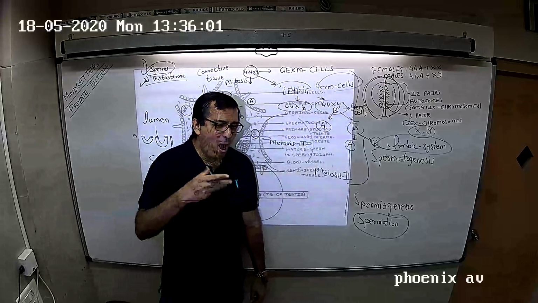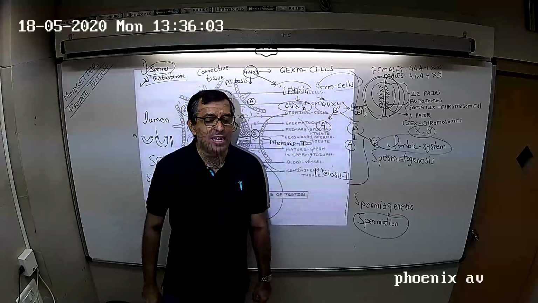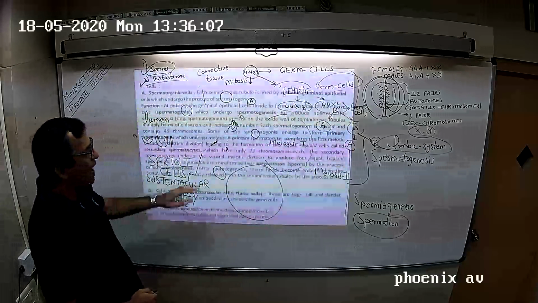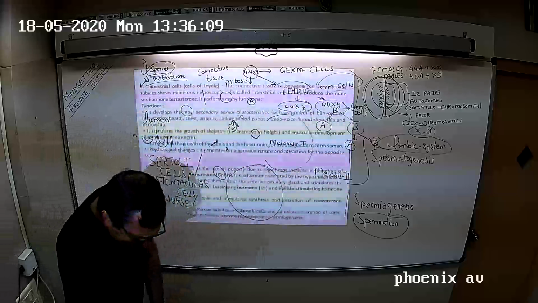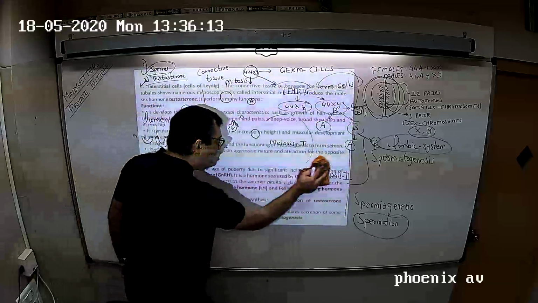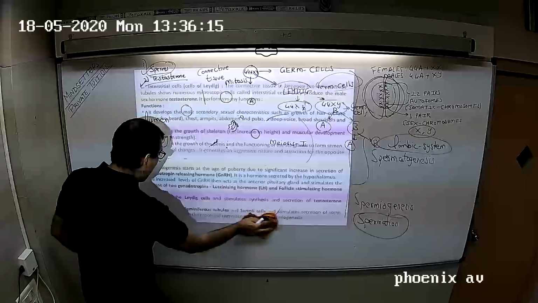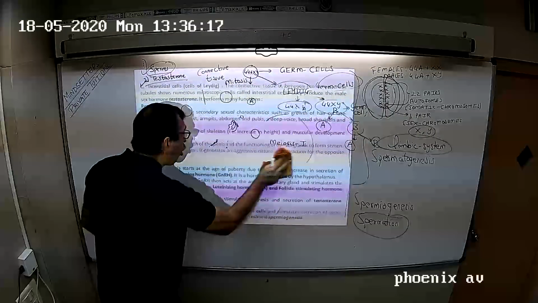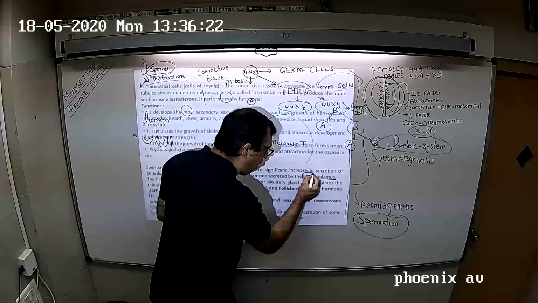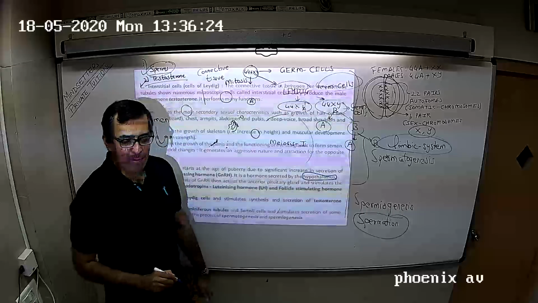Third, why does this happen at puberty? Puberty में ऐसा क्यों होता है? Because at puberty something happens in your brain. आपके brain में एक biological clock होता है called your hypothalamus.